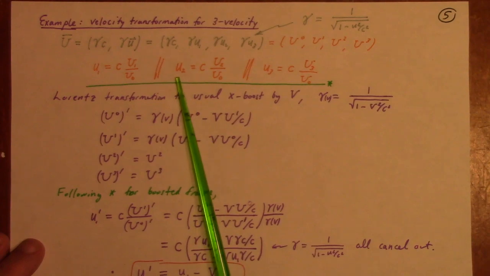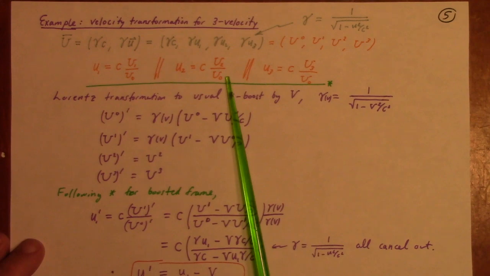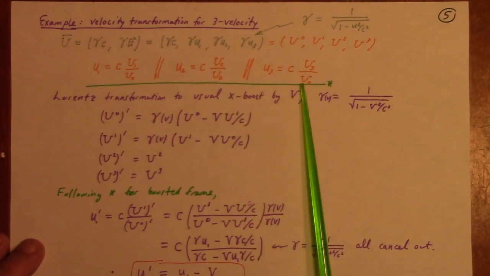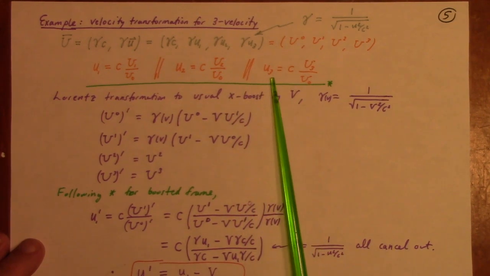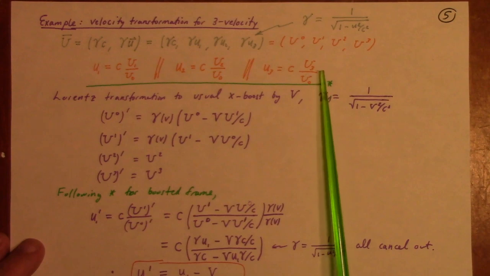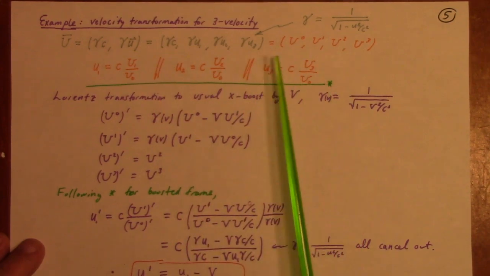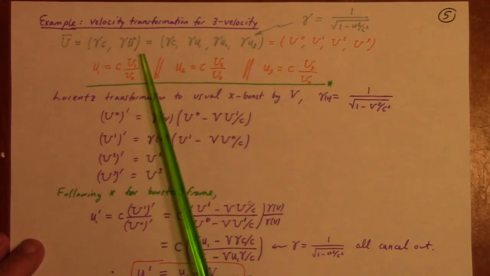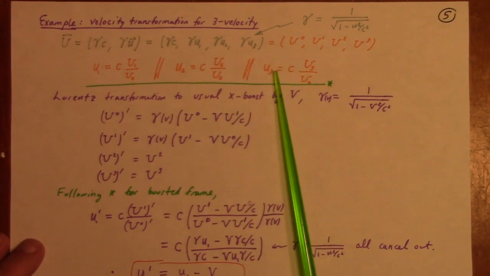You can write the ordinary second velocity as the ratio of the second and the 0th 4-velocity components, and the ordinary third velocity as the ratio of the third and the 0th 4-velocity components. Now I should be more careful here. These should be all upper 0, upper 1. I'm not being careful here.